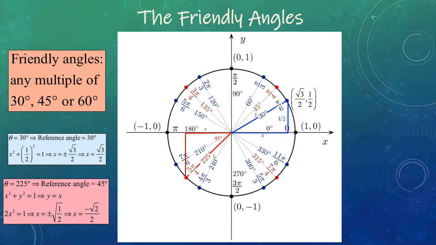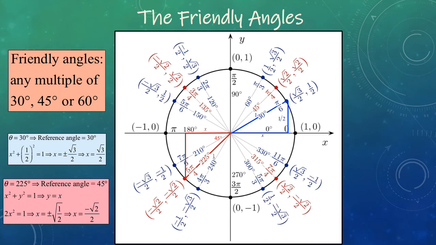So we have 2x squared is equal to 1, meaning that x is equal to plus or minus the square root of 1/2. And realize that we're in the third quadrant, x is negative, so therefore x is equal to negative square root of 2 over 2, and the point is negative square root of 2 over 2, negative square root of 2 over 2.